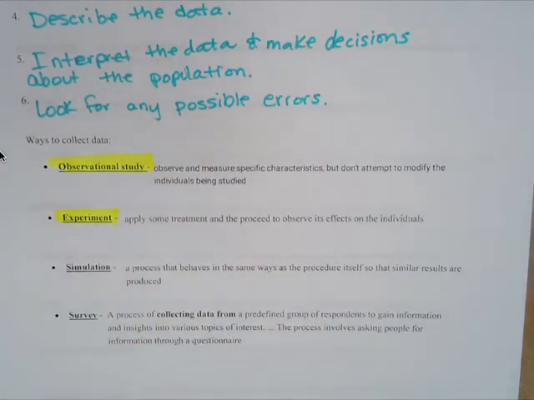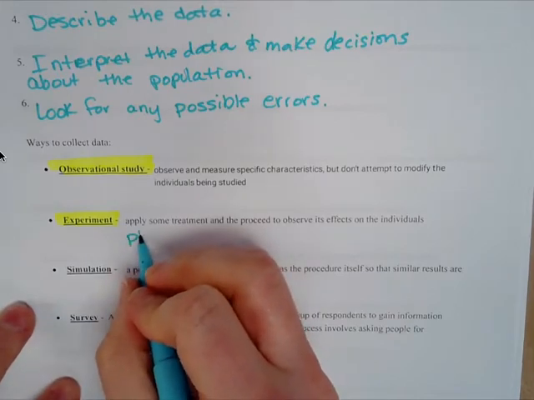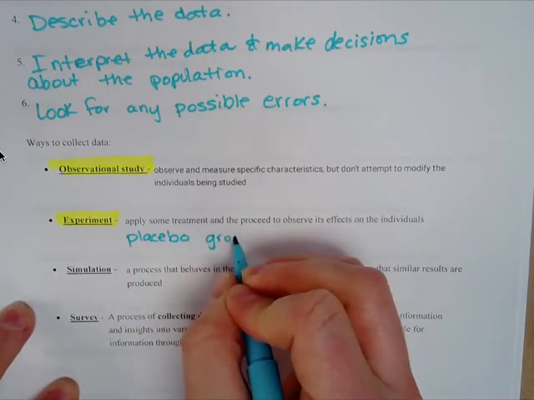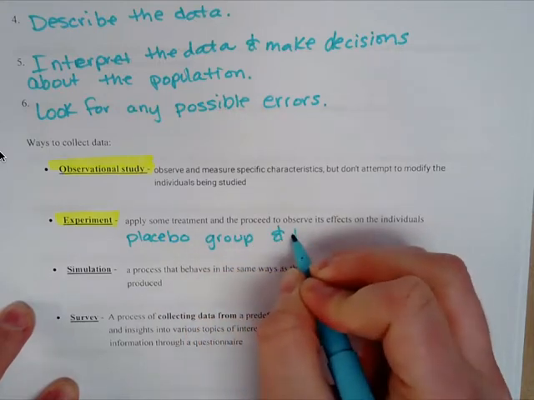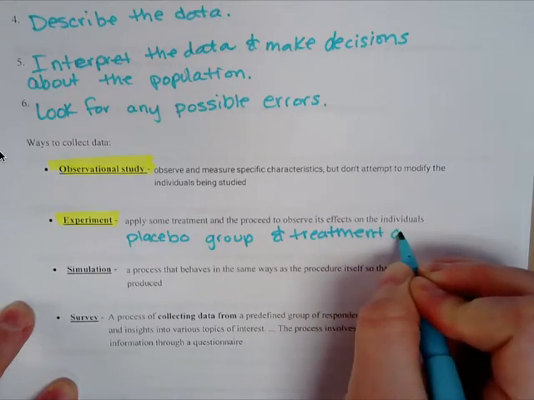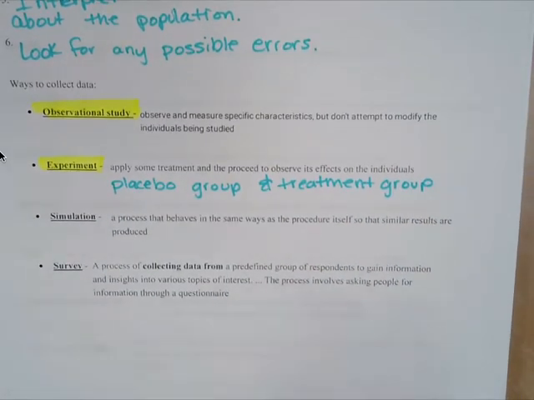Experiment, you will actually apply some kind of treatment and proceed to observe its effects. So we could have a placebo group and a treatment group. And that way you can compare the difference between the outcomes on that.